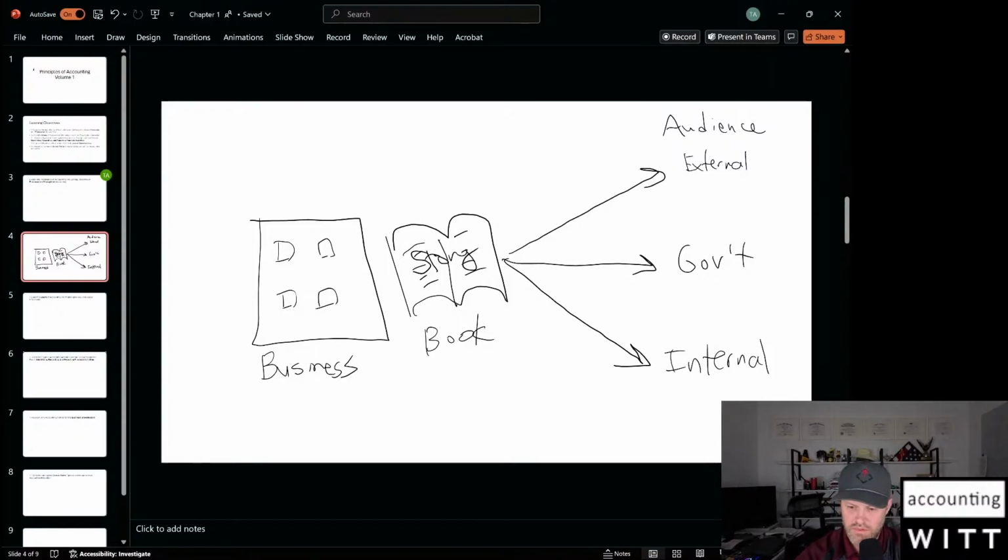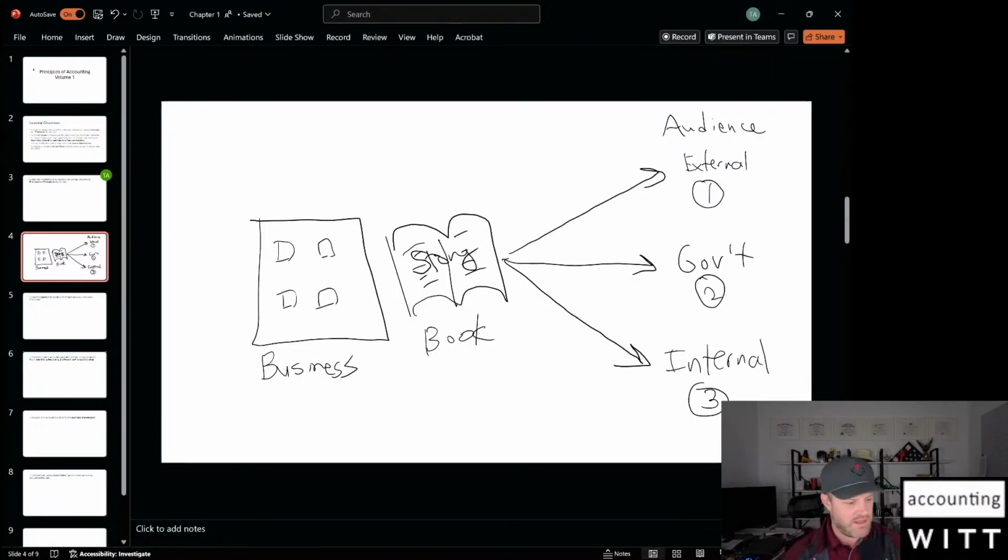So let's say these 3 different audiences. When you tell the story to these different audiences, you are going to tell the story differently depending on what objectives you have of how you want the story to go.